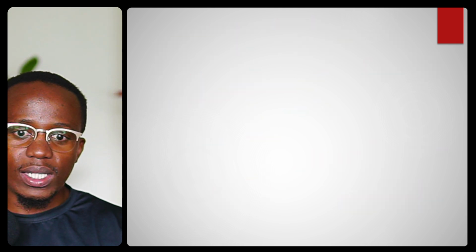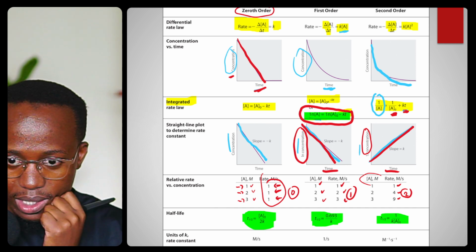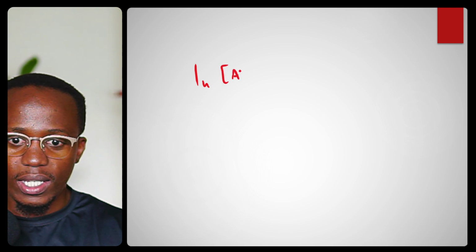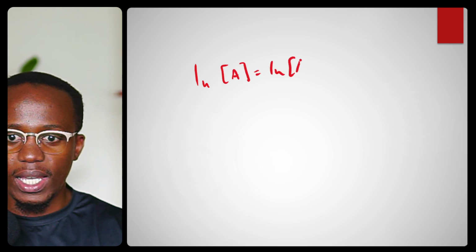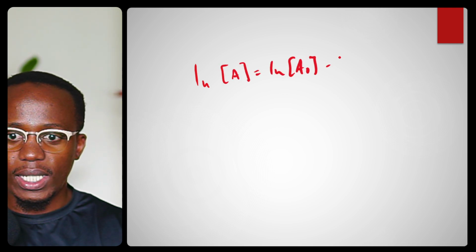If we had to do the same for a first order reaction, I'll do it very quickly to show you, that way you will know where the number came from, so that you're not wondering where this number came from. If you remember, ln of A is equal to ln of A0 minus kt.